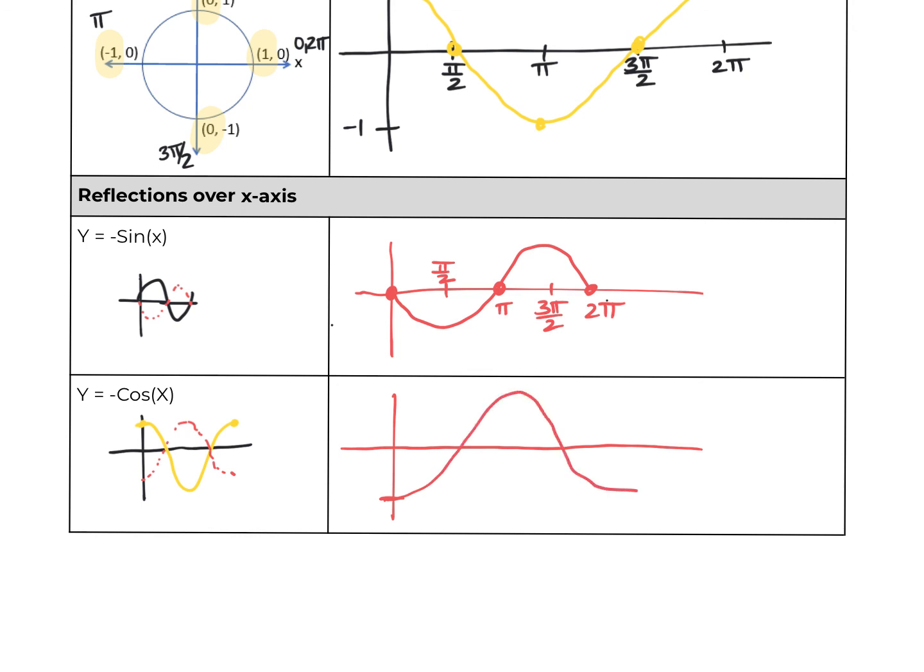Again, same 4 points. Here's 1, 2, 3, and 4. So this one is your pi over 2, your pi, your 3 pi over 2, and your 2 pi.